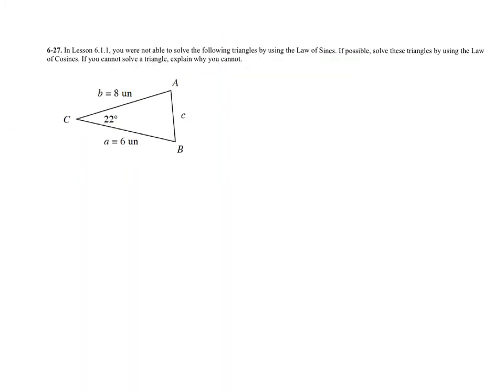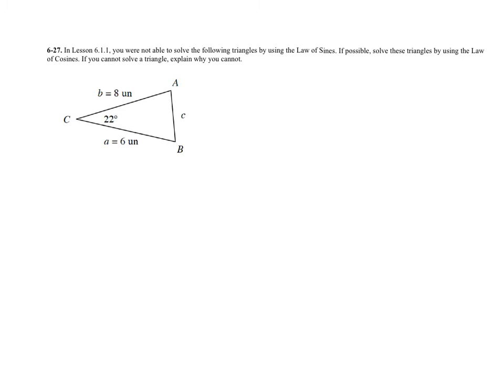So now let's use this to find missing sides and angles. Question 27. In our previous lesson, we didn't actually have this problem. We didn't take a look at it, but it was in the textbook.